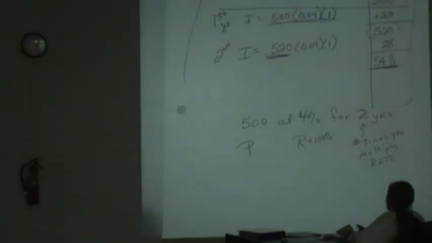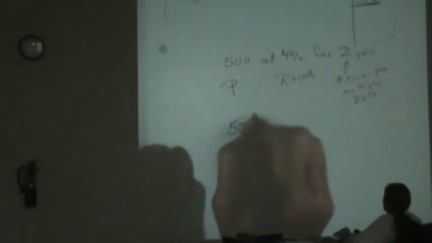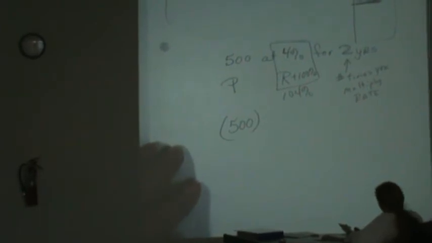Okay? Maybe it'd be easier just to see it in numbers instead of a bunch of words. Okay, the principal, 100 plus 4 is 104, 104%. You still need that as a decimal. So it's 1.04, right?